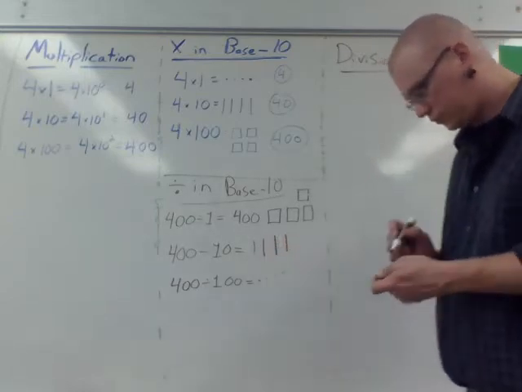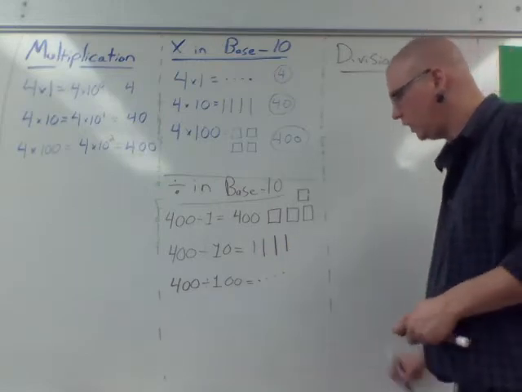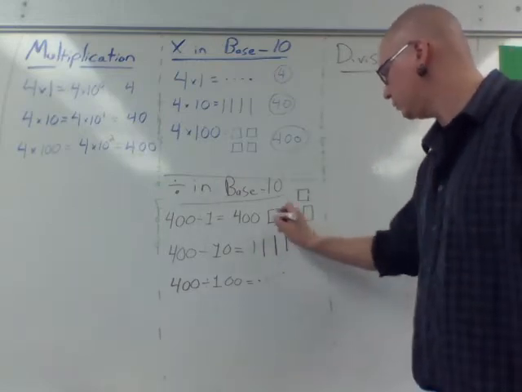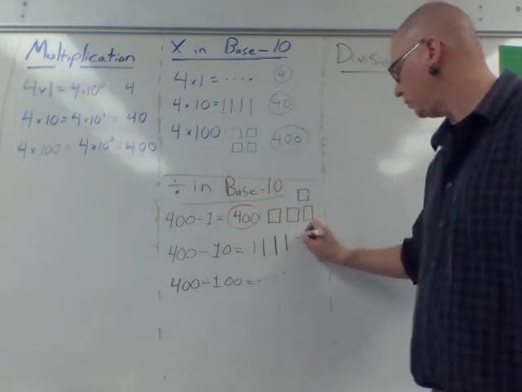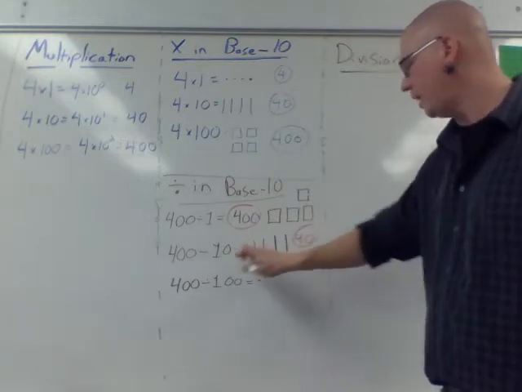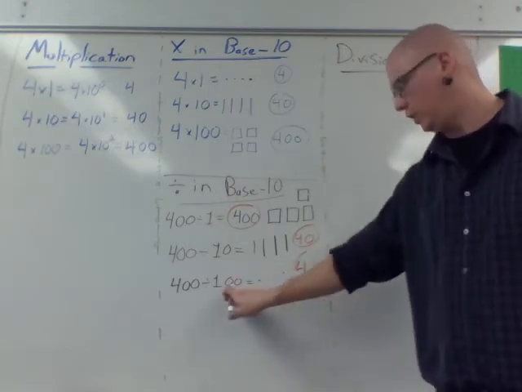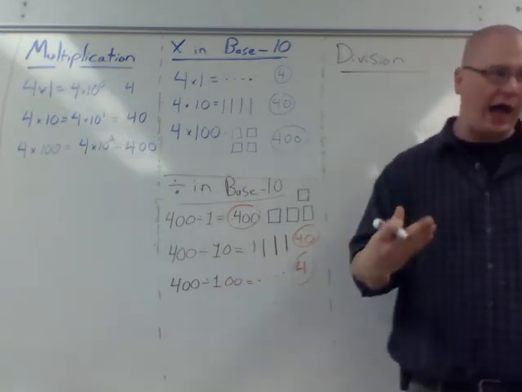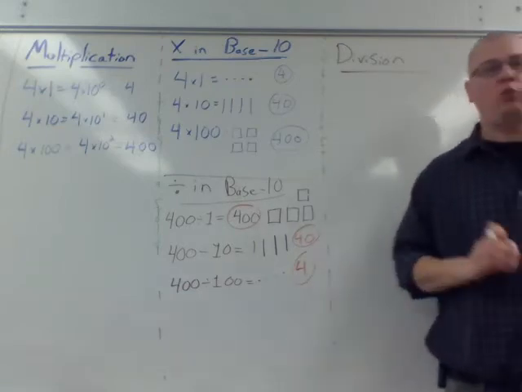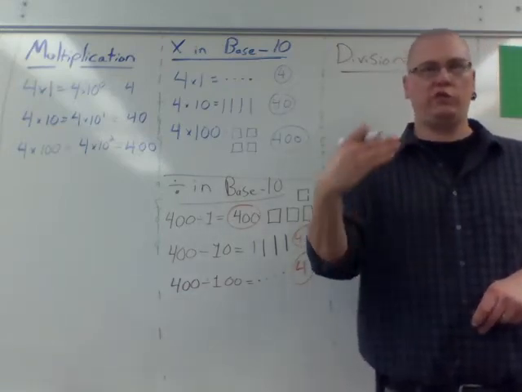So, my answers start with 400, and every time I get 1 place value bigger in what I'm dividing by, my answer gets 1 place value smaller.